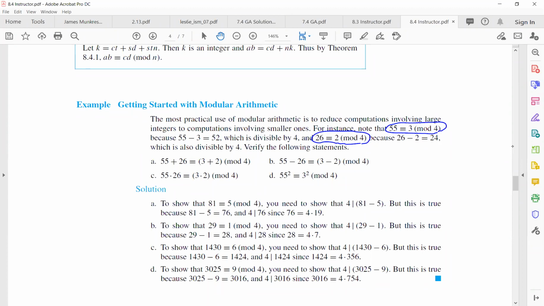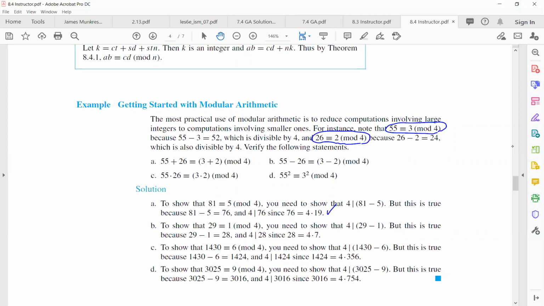It means that 4 divides the difference between these two numbers. Okay, let's take a look at it. We're going to show that 4 divides 81 minus 5. Just do the subtraction, you get 76. So of course it has factor 4.